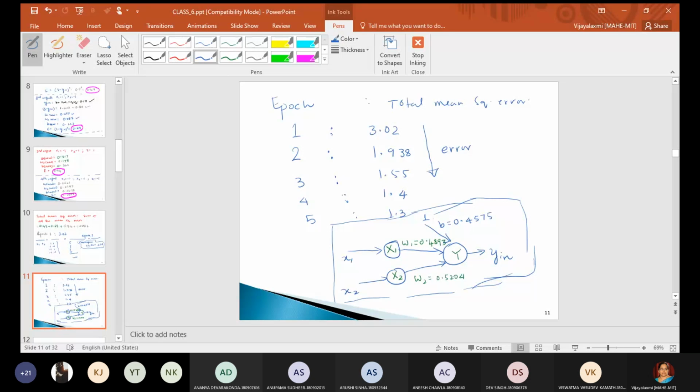You can set a threshold value and analyze whether it is less than the threshold value, the output is -1. If it is greater, the output is 1. This is how you can test the network which you have designed. If it is clear, we will go ahead.